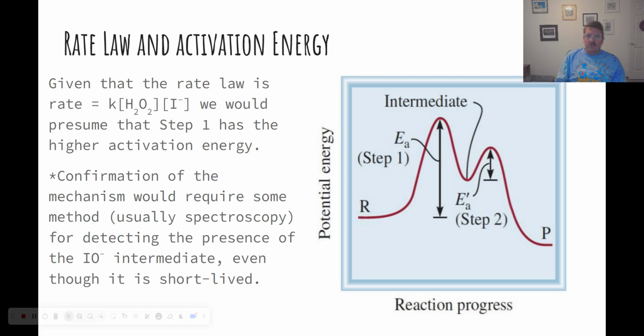Remember, spectroscopy is trying to confirm what chemicals and what types of bonds are in there, because we can measure the vibration of those bonds. So we can use spectroscopy to detect the presence of certain things like intermediates.